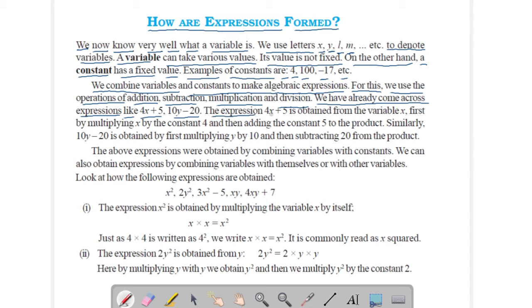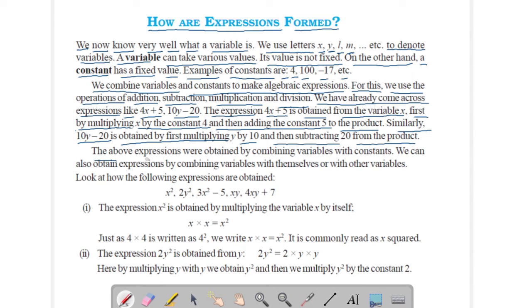The expression 4x plus 5 is obtained from the variable x, first by multiplying x by the constant 4 and then adding constant 5 to the product. Similarly, 10y minus 20 is obtained by first multiplying y by 10 and then subtracting 20 from the product.